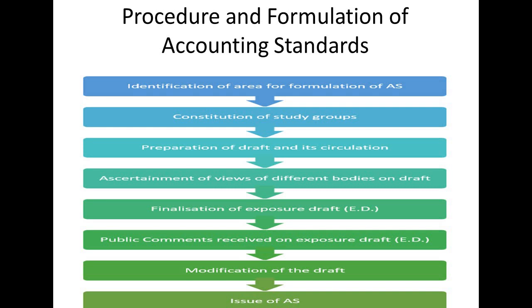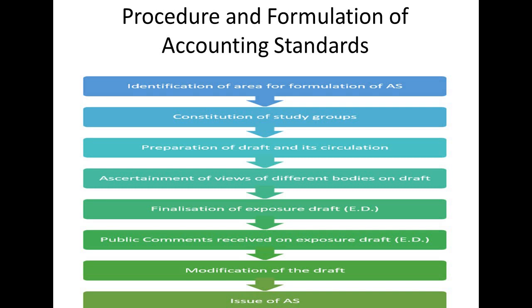And then after finalizing, they can go for the public comment. They will publish it for getting public comments related to the new accounting standard. Once the finalized exposure draft is prepared, it moves to public comment, and they invite public comments related to the new accounting standard.